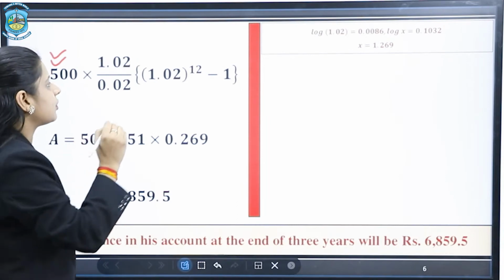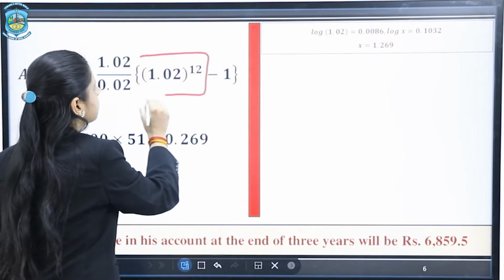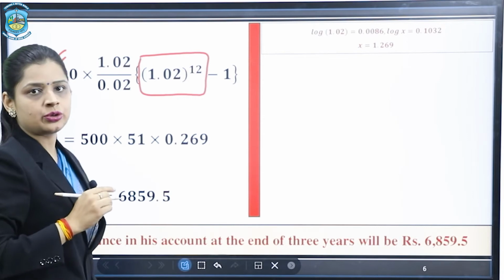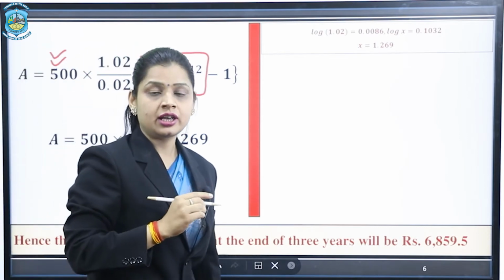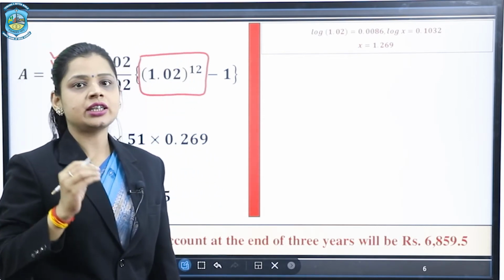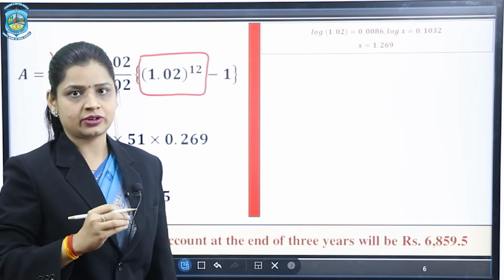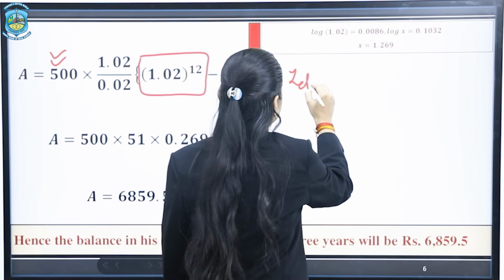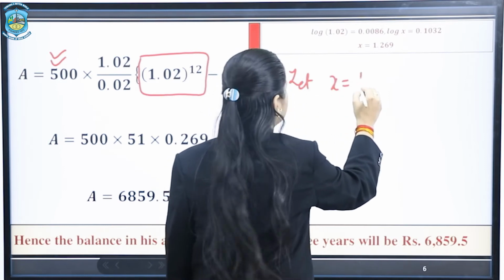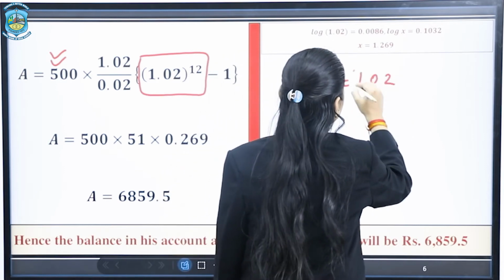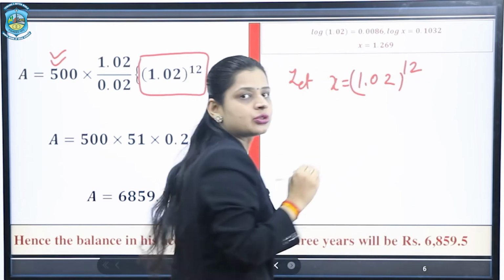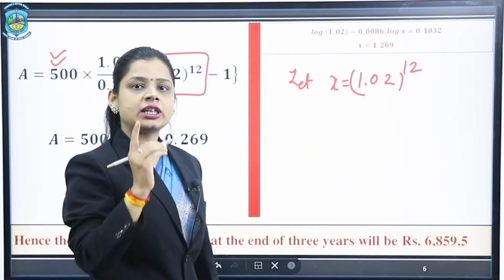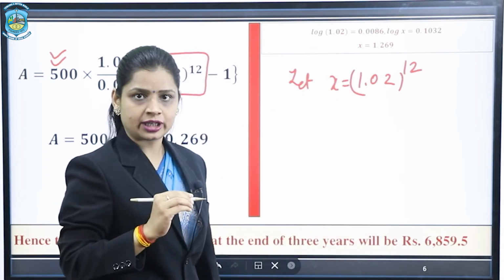Now we have to find the value of this term 1.02 to the power 12, and we will use the technique of log to get this value. So first we'll take this value as x. So let x equal to 1.02 to the power 12. Now we'll take log on both hand sides.